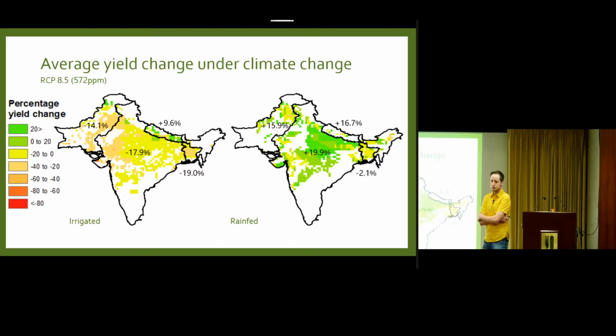They are both under the same climate scenarios. So you explain irrigated because temperature increases, but for rainfed, the temperature also increases. So how to explain that?